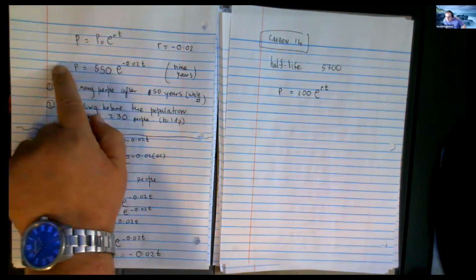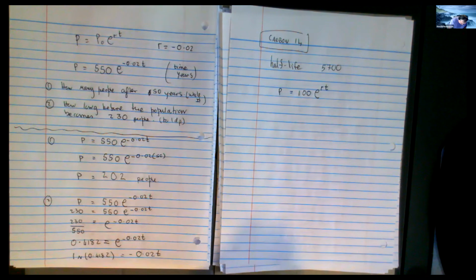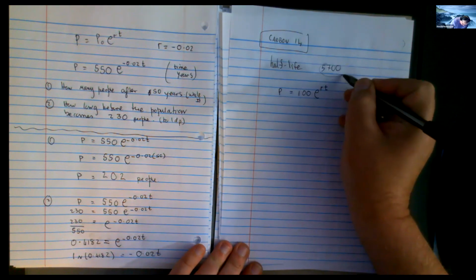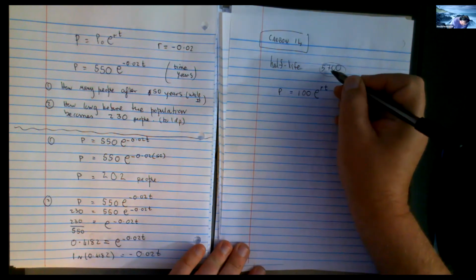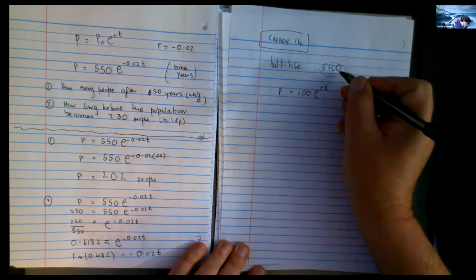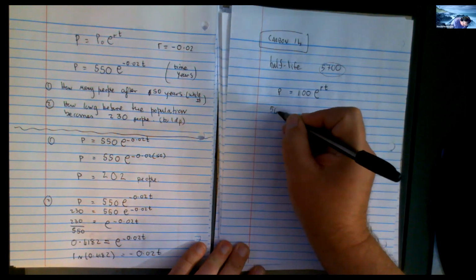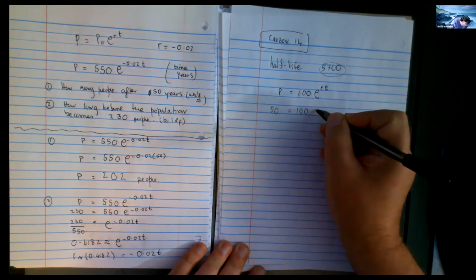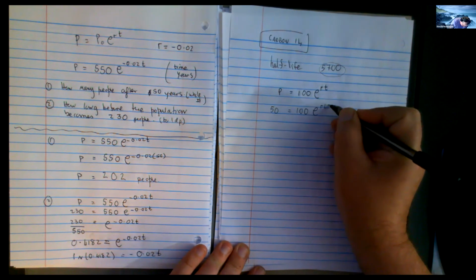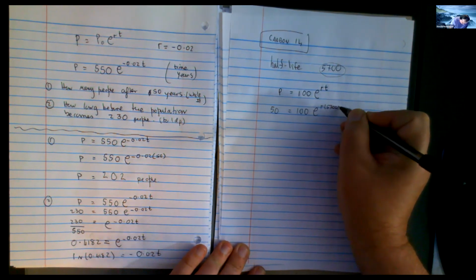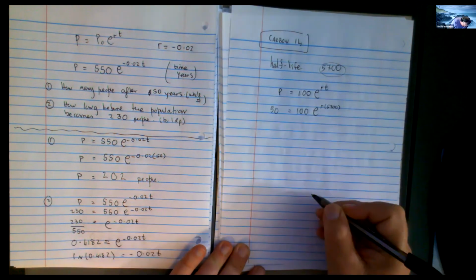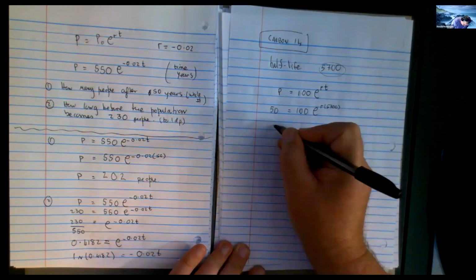Right. So it takes 5,700 years for you to get half of it. They have just told me that it is half of this, so it's 50. And they have told me that it takes 5,700 years for that to happen. So I now have an equation which I'm going to solve. I will divide both sides by 100.